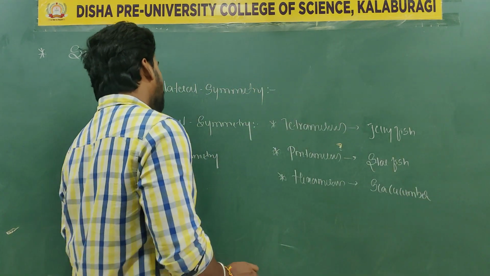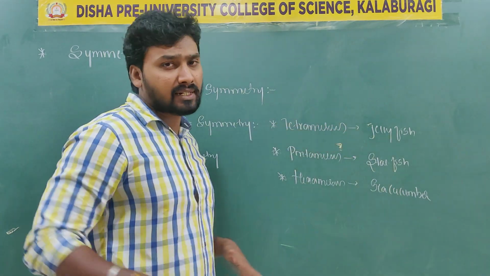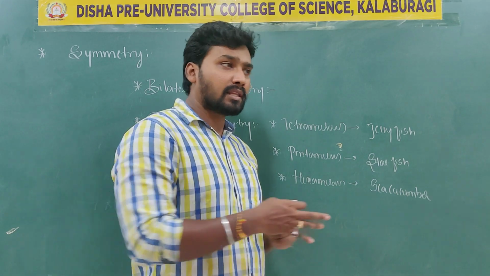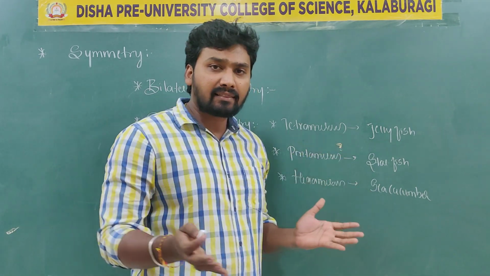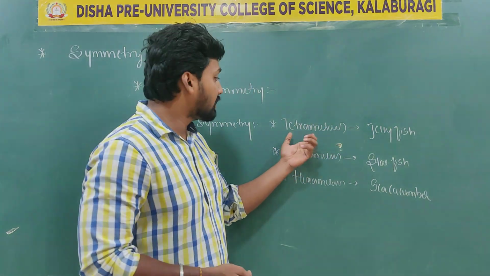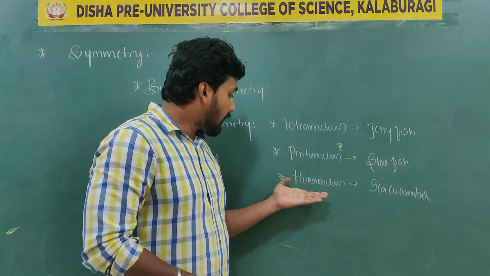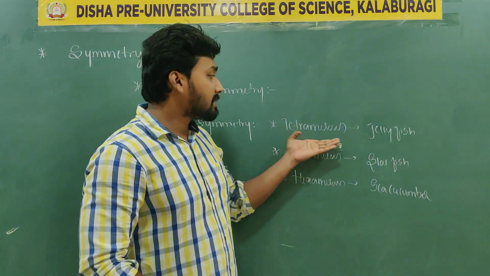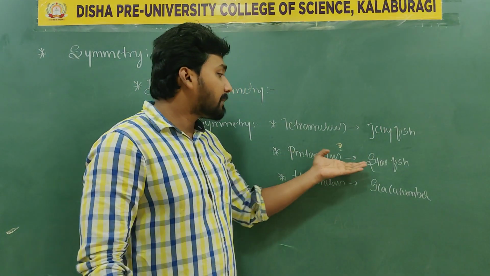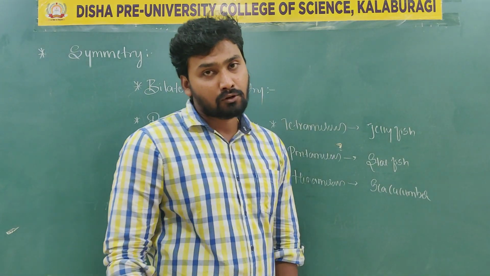So on the basis of how many arms the animal has, with the plane passing through the arms in the form of radius and dividing the animal into equal parts, we classify as tetramerous, pentamerous and hexamerous. Tetramerous, jellyfish is the best example; pentamerous, starfish; and hexamerous, sea cucumber.